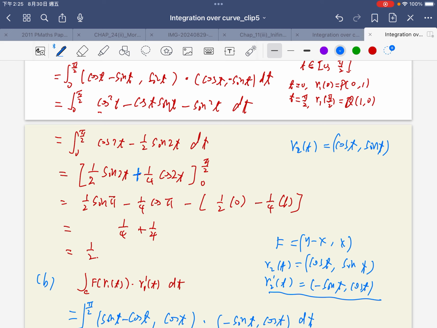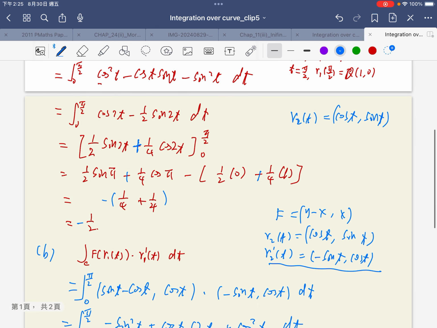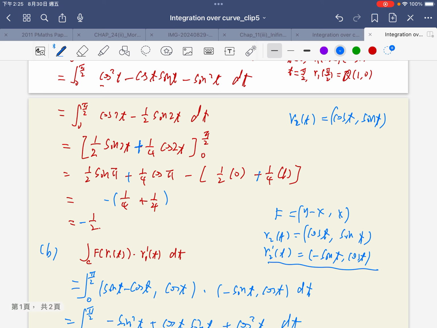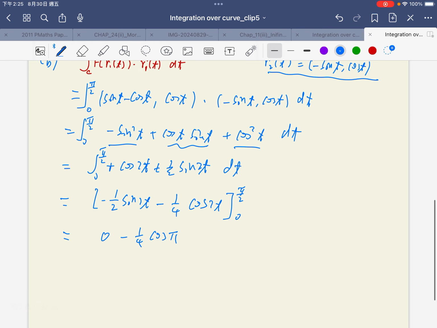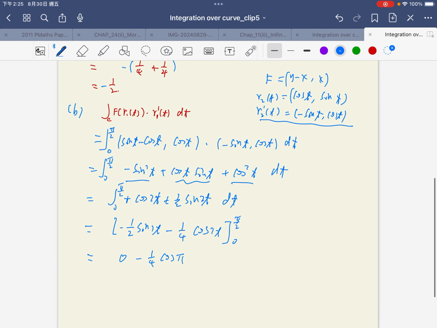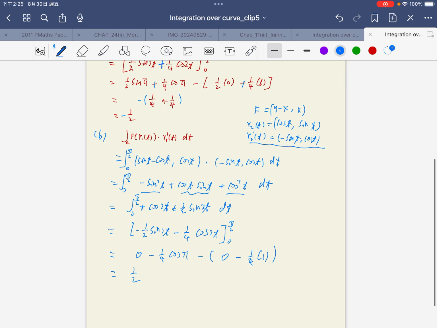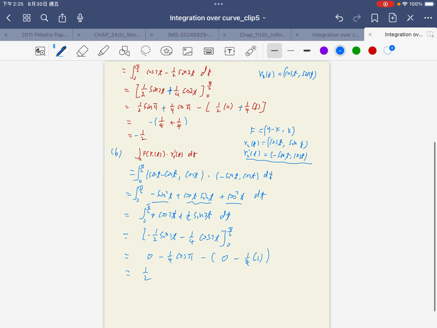Okay, this is plus. Therefore, this is minus 1 over 2. The previous answer in part A should be minus 1 over 2. I made a great mistake here. Okay, and then I continue this equation. Put 0 into here, it is equal to minus 0. Yeah, this is 1 over 2.